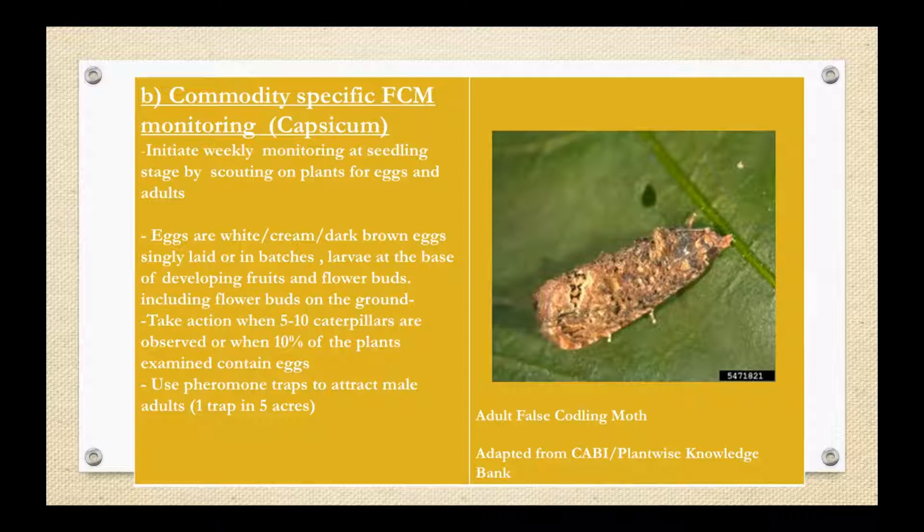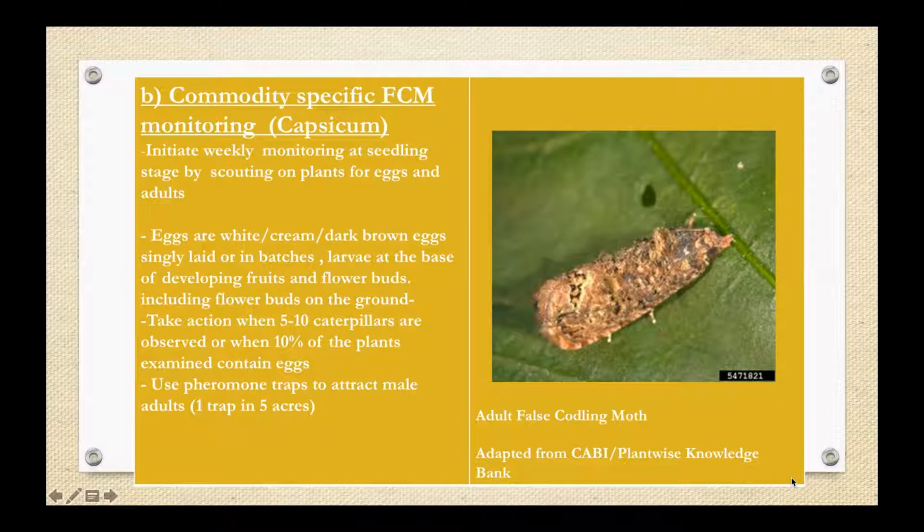So when you're doing this monitoring, you're looking at the eggs, and these eggs should appear as white or cream or dark brown in color. And sometimes you find them laid as single eggs or in batches at the base of developing fruits or flower buds, and sometimes underneath the leaves.